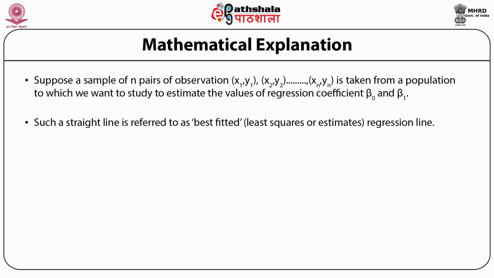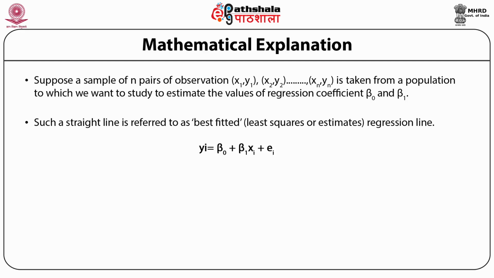Now let us rewrite the equation as yi is equal to beta naught plus beta 1 xi plus ei, where i represents the various values of y and x that we are going to consider. The same equation can be written by taking epsilon to the left hand side: epsilon i is equal to yi minus (beta naught plus beta 1 xi).